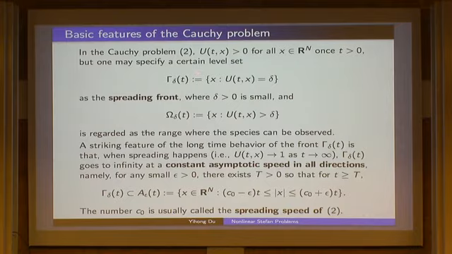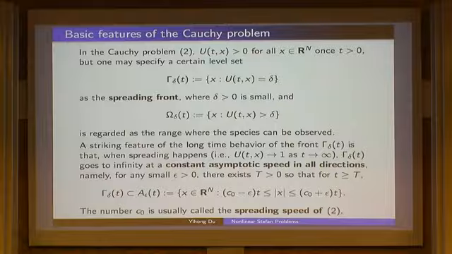Now, because of the maximum principle, if you consider the Cauchy problem, we use capital U to denote the solution, and then the solution is positive everywhere as long as t is positive. But if you consider a spreading problem, you intuitively think that the population concentrates only on a finite part of the domain.